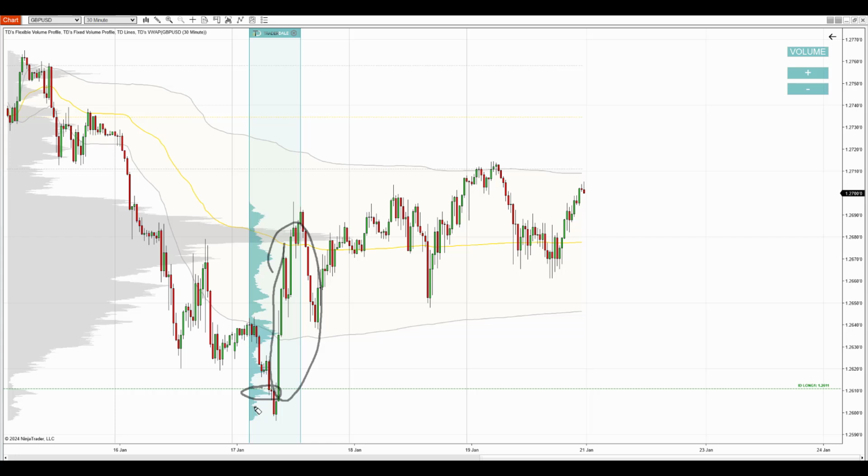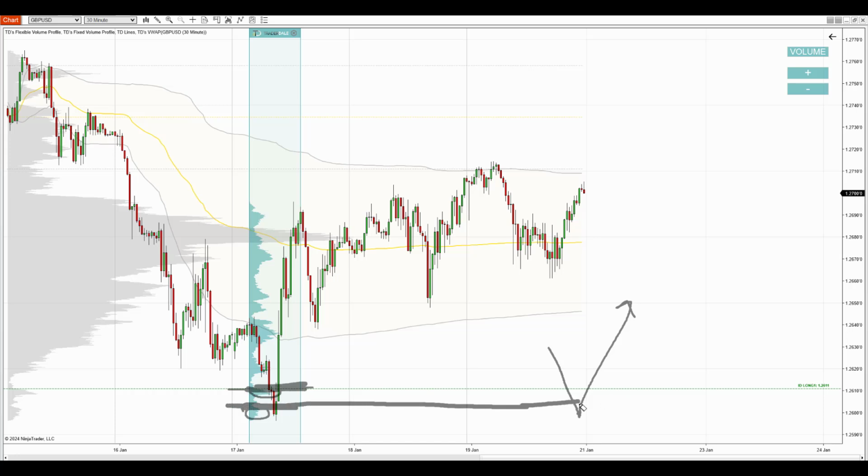There were also some volumes in here, but my bet is at the beginning of this volume cluster, and I'm ready to hold the trade if the price goes past that level and hits that second volume cluster in here. I'll still hold it because maybe the price won't react to the first volume cluster and will react to this volume cluster.